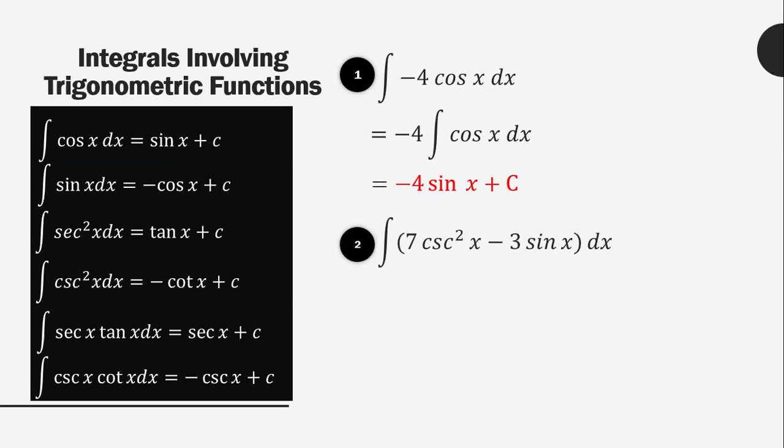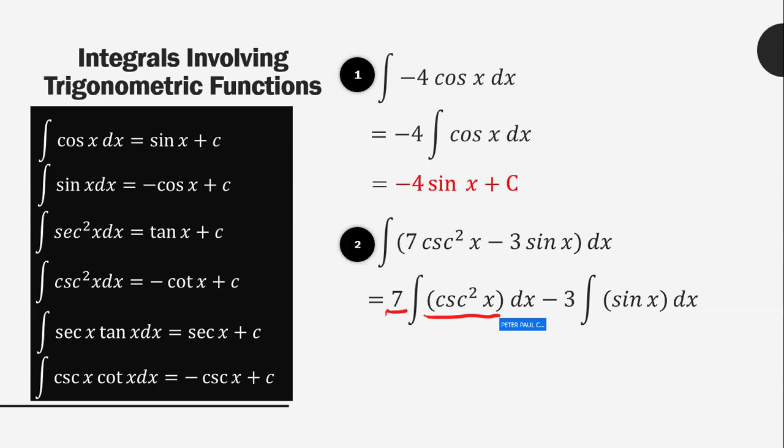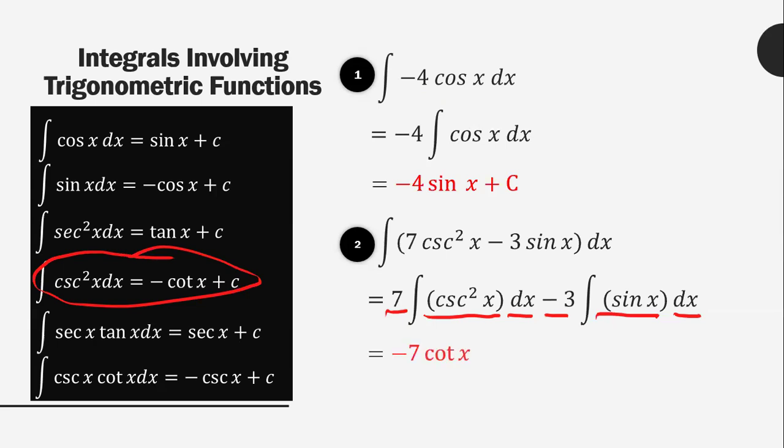Let's move to the second example. The integral of 7 cosecant squared x minus 3 sine x dx. So we apply the constant multiple theorem. 7 cosecant squared x dx minus 3 integral of sine x dx. So we apply this formula. So the answer here is negative cotangent x. We multiply it by 7 so that it becomes negative 7 cotangent x.